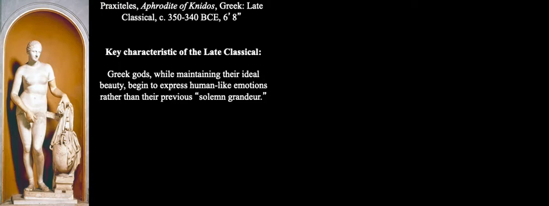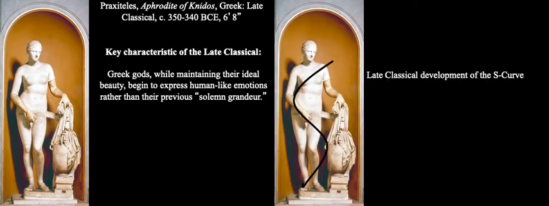She stops having a simple sense of contrapposto and instead has this huge kind of S curve. It's what our art historians call the S curve. It seems as if she is swaying about. And that's something that was certainly unseen in the archaic period, and only developing in the high classical period.